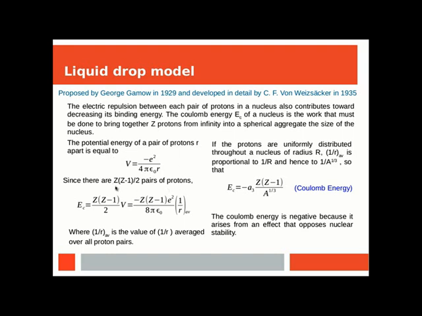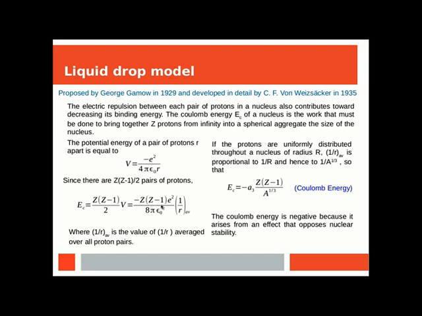And if Z is the atomic number of the nucleus of that element, so these many pairs of protons are present inside the nucleus, and because of these many pairs, we multiply by this, and this shall be the total potential energy because of the proton-proton Coulombic repulsion.